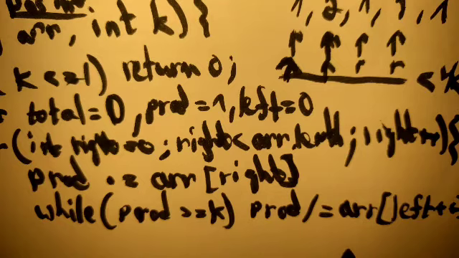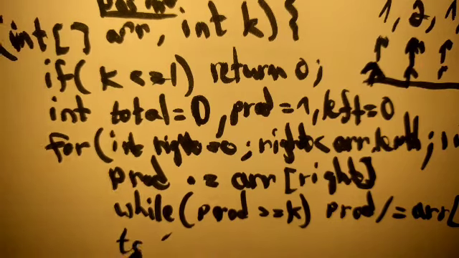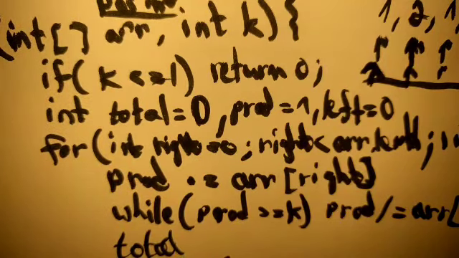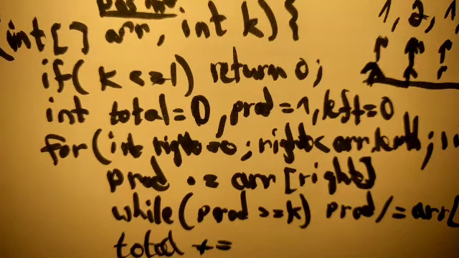It won't help if we move the right forward. We will skip items. We must move the left. As we are moving the left forward, we are getting rid of the current left item it's pointing to, so we are dividing the product. Once we finish with this loop, this means that now the product is less than k. As the product is less than k, we do total, which is incrementing it by the number of items between the two indexes.